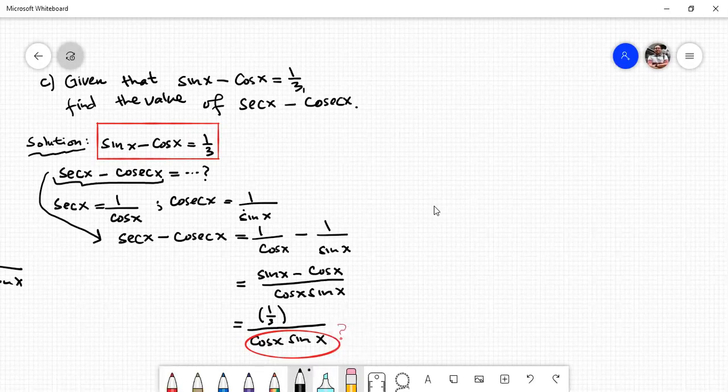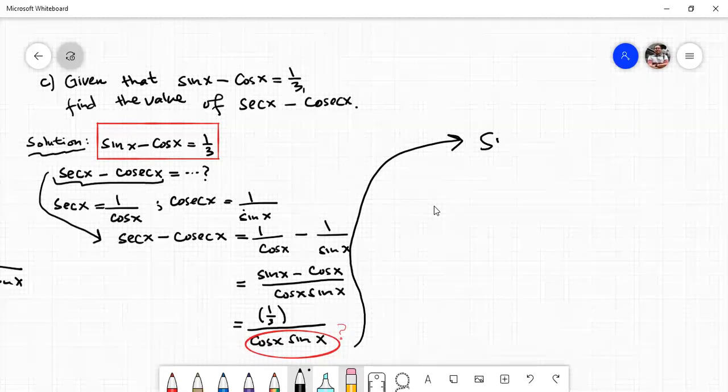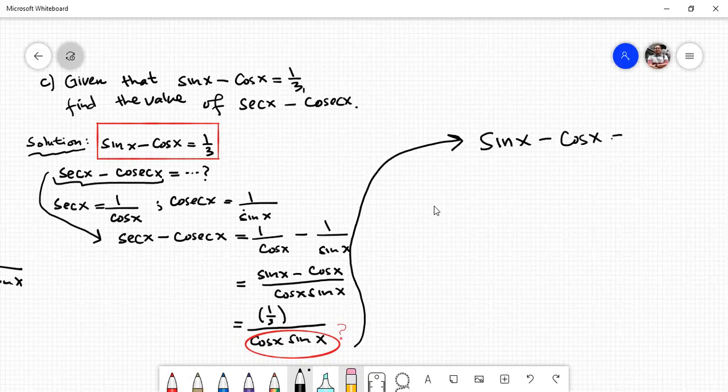Okay, now follow me step by step and listen carefully. I take the information we have, which is sine x minus cosine x is 1 over 3. I want to find the value of this by using this information. So I try to square both sides.